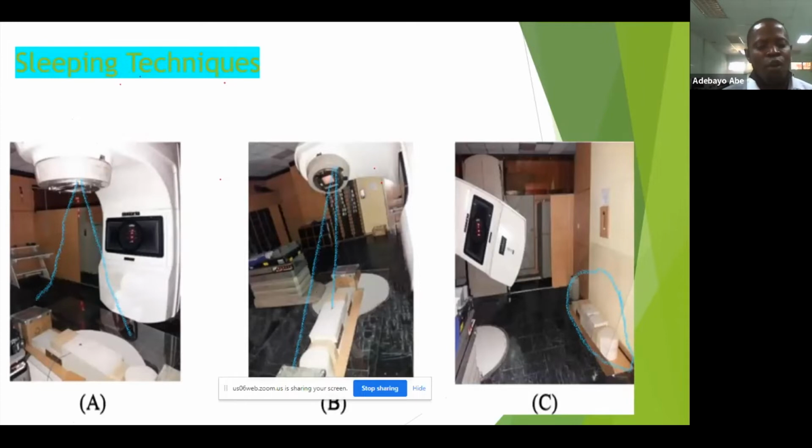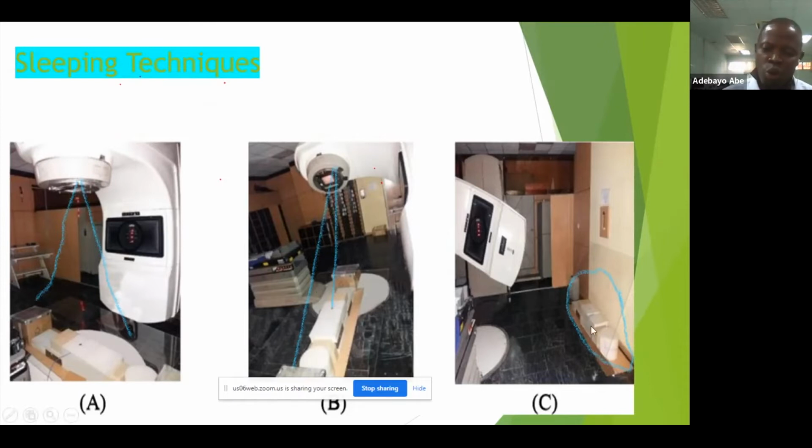You can see here that at first this was done at a 0-degree angle, but the field size from the window to the floor is not sufficient, so the field will not be able to cover the entire size of the patient. Then he moved to another orientation, with the gantry slightly at an oblique angle, to cover the side or axillary area.